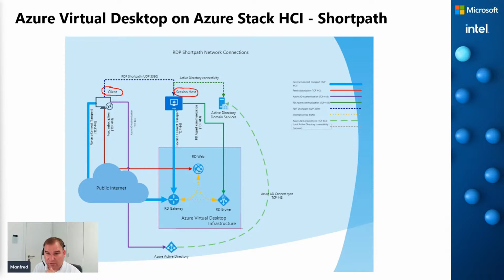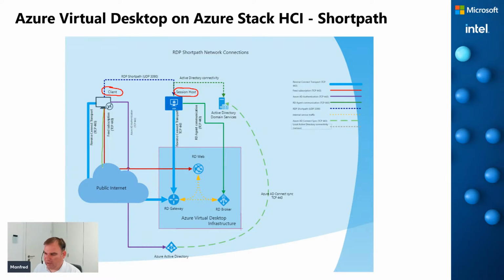We have high bandwidth to the data center, we have low latency, but we have the situation that for sure the client first connects via the public internet via Azure to see where the desktop is located. So this is the way the client uses.